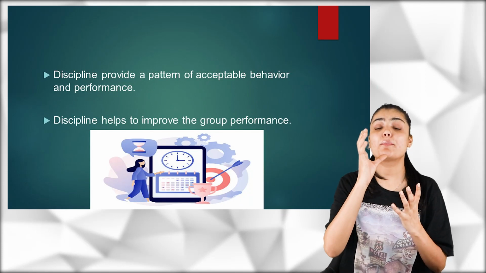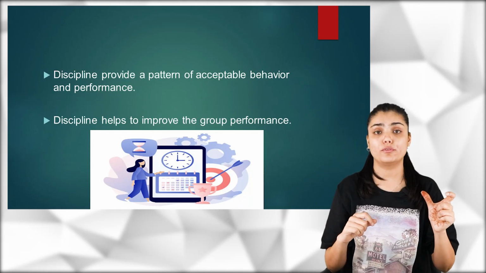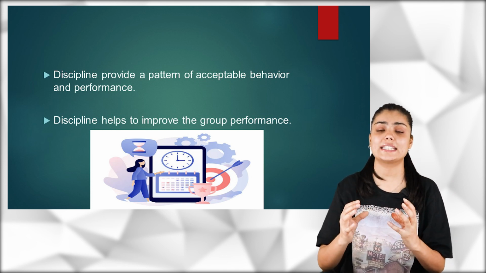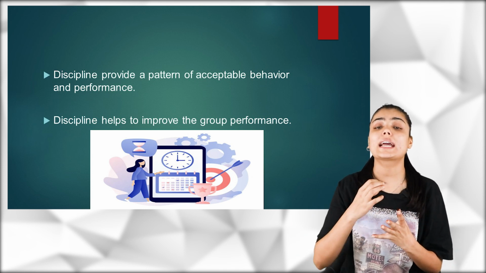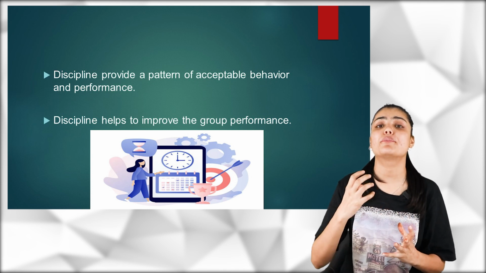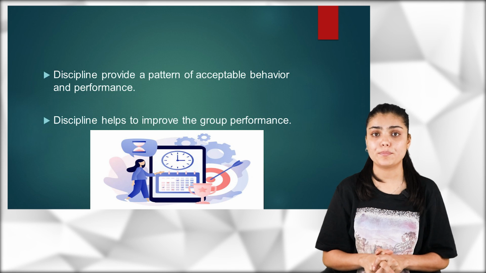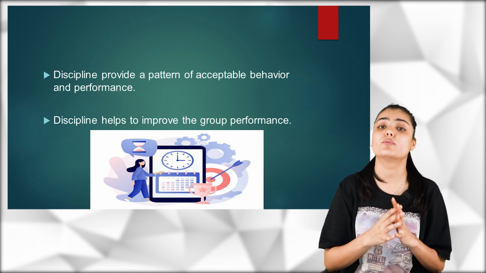Discipline provides a pattern of expected behavior and performance. Through discipline, employees or the students of an organization or the members of any group come to know what kind of behavior is expected from them or what kind of performance they must be giving to the organization. So it provides a pattern of expected behavior as well as performance.